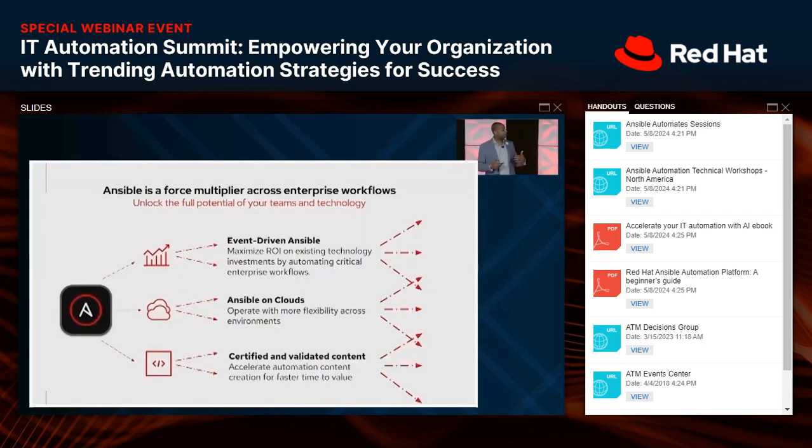We look at Ansible having certified and validated content that can be provided to you and used out of the box, as well as focusing on event-driven automation, which was released at last summit and is still being perfected. But the reality is you can now move into a space where decision-making can be part of your automation stack, and it's all built into the Ansible Automation Platform already.